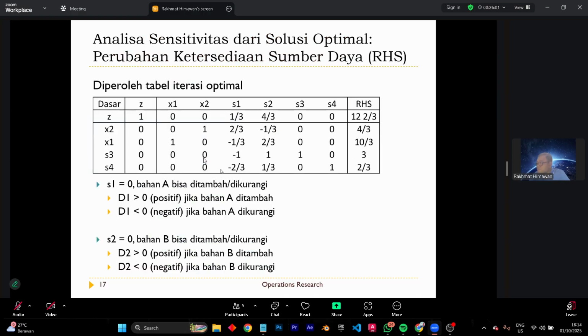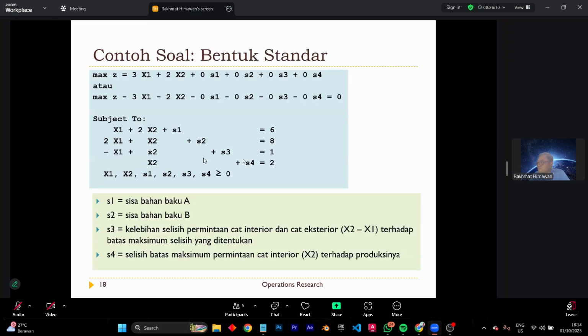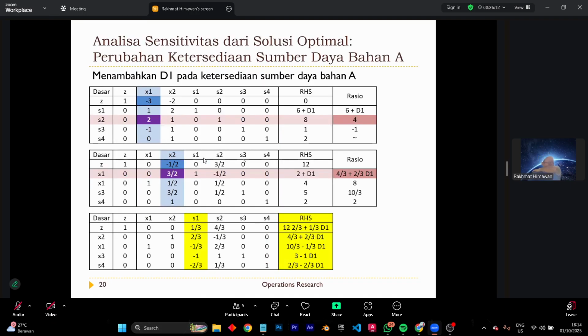Simply use the right-hand side that you had before in here, plus D1 multiplied with this. Sorry, this side plus 1/3 multiplied with D1. 4/3 plus 2/3 multiplied with D1.